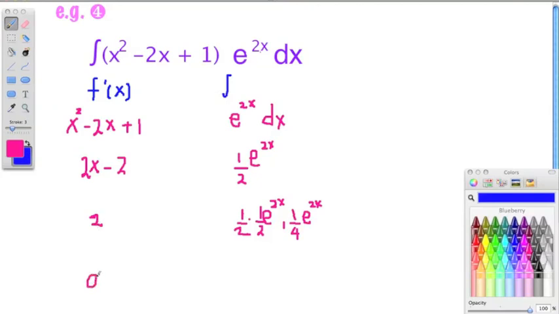Again, we will differentiate until we get 0. We integrate 1 over 4 e to the power of 2x, and in the end we will get 1 over 8 e to the power of 2x.